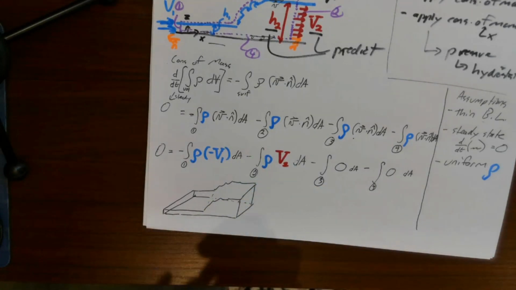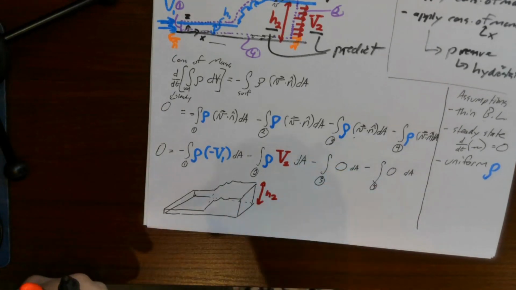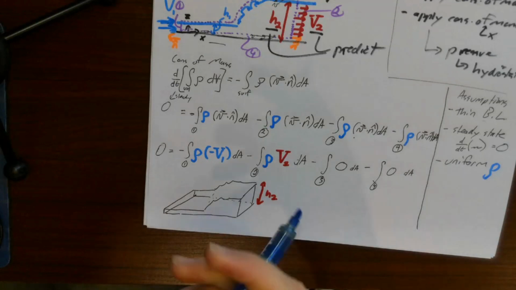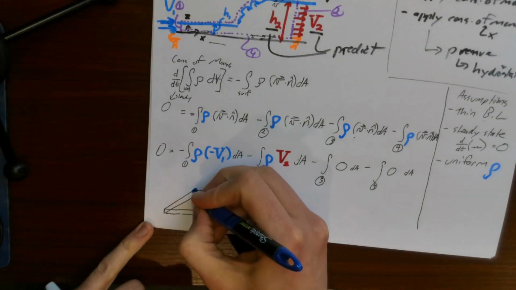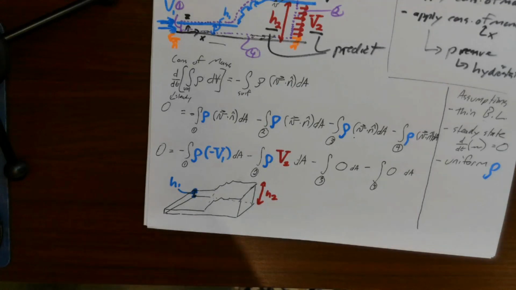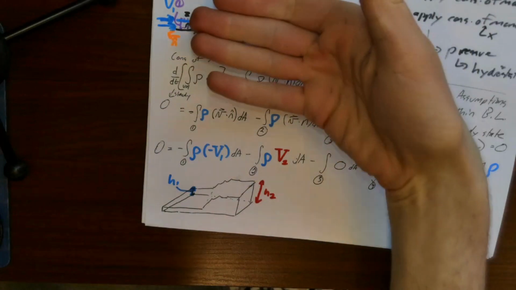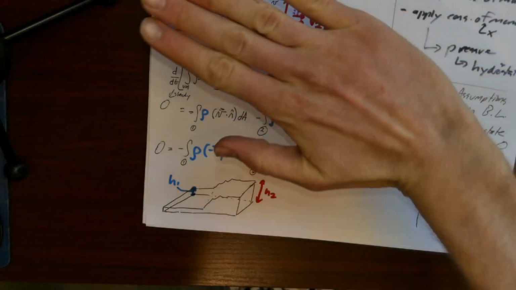And H2 is this depth here, H1 is this depth here, and without really loss of generality, we're assuming that the same thing is happening no matter what position we are into or out of the page.